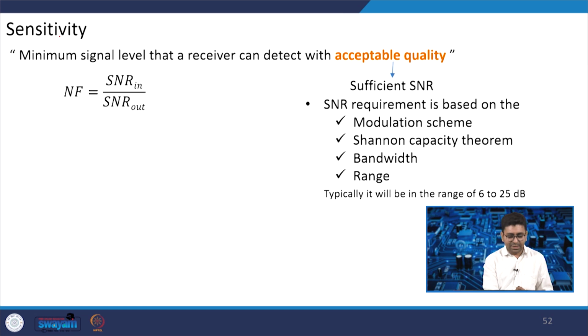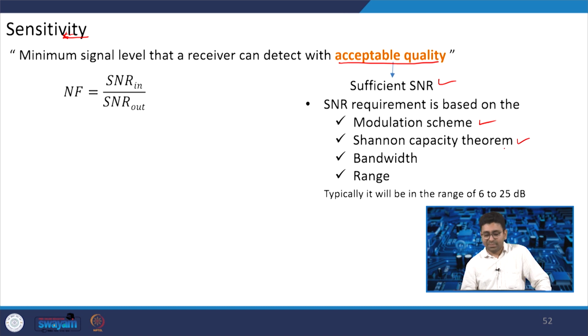For the sensitivity definition, one more important term is acceptable quality. We should emphasize this. Let us say you can detect a signal, but if it does not have acceptable quality, it should have a sufficient SNR. That SNR requirement depends on the modulation scheme or the Shannon capacity theorem, the bandwidth of the system, and the range that you have defined for your transmitter and receiver.